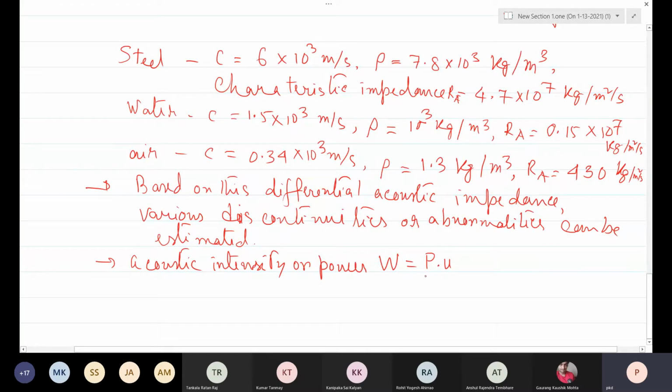W is the product of effort and the response, that is P into U. So in terms of acoustic impedance, it is P square by RA, or in terms of flow, U square RA.